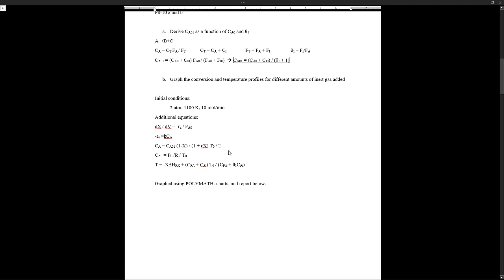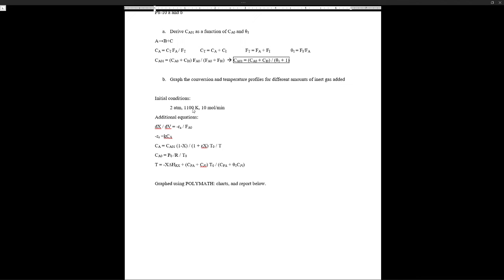The mole balance is the main equation you plug into Polymath, and then you have subsequent equations that feed back into that. Of course you have your rate law, your concentration of A, and your epsilon, which ends up equaling 1 because of the original equation, A goes to B plus C.